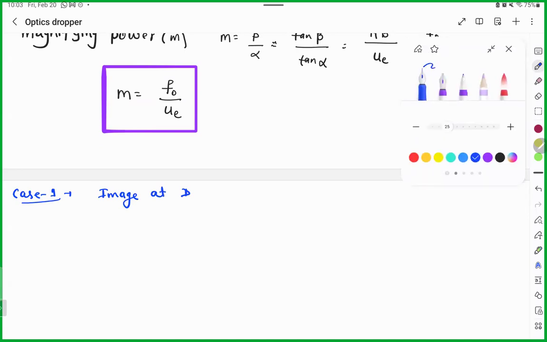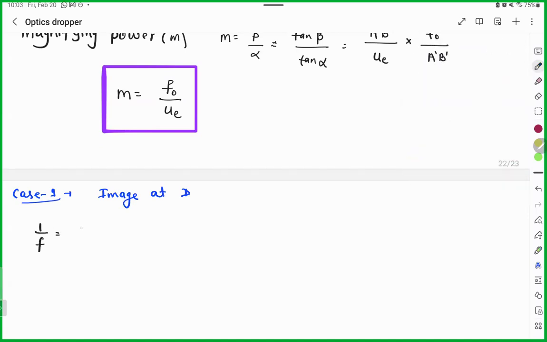In this situation, your lens formula is 1 by focal length is equal to 1 by V minus 1 by U. Focal length for the eyepiece is equal to 1 by V minus D minus U minus UE, correct? So this will be equal to 1 by UE minus 1 by D.